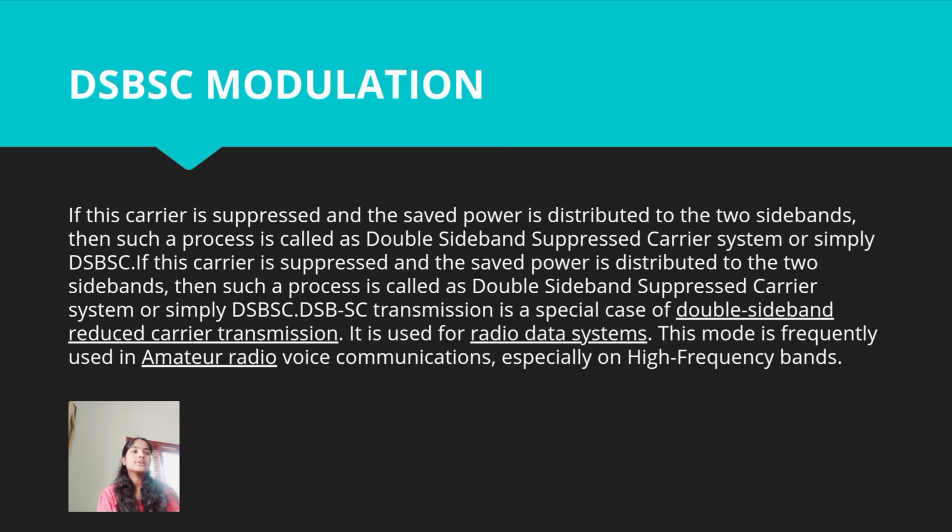DSBSC is a special case of double-sideband reduced carrier transmission. It is used for radio data systems. This mode is frequently used in amateur radio voice communication, especially on high frequency bands.